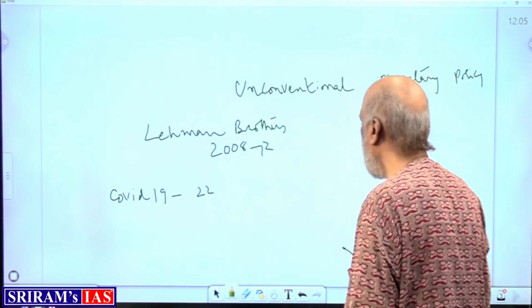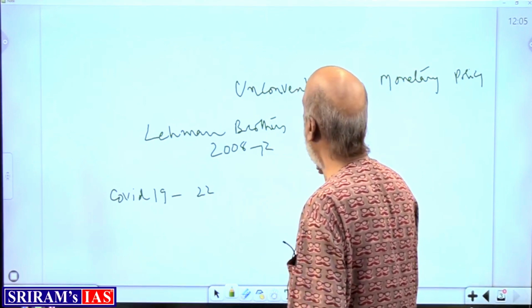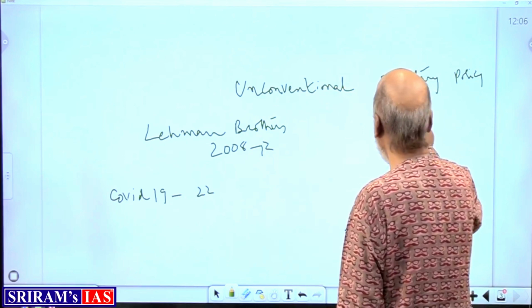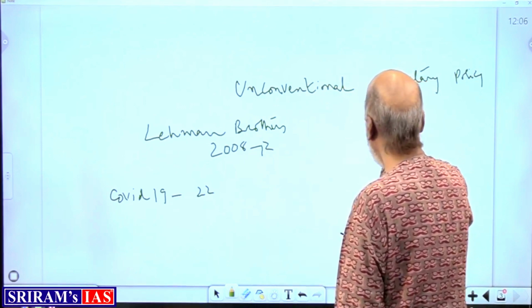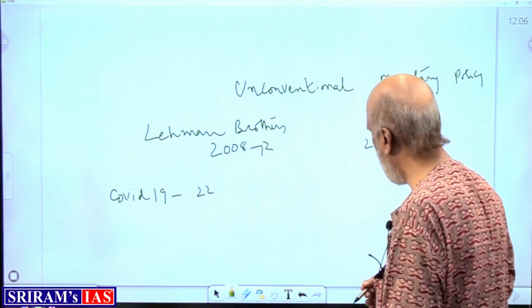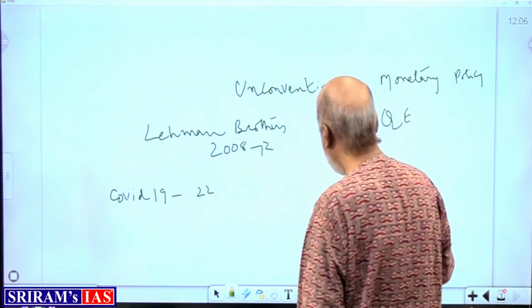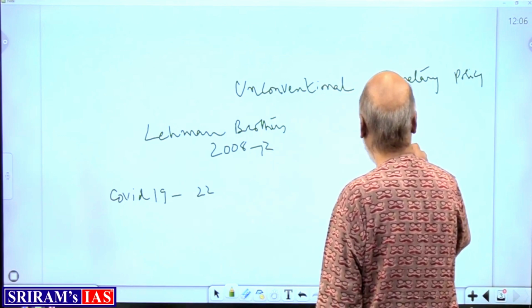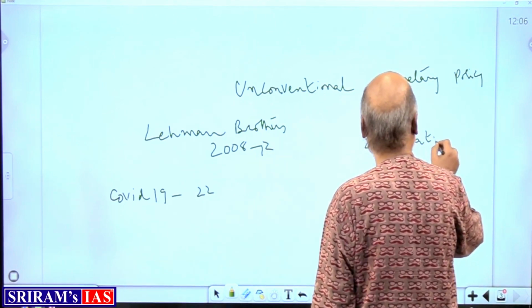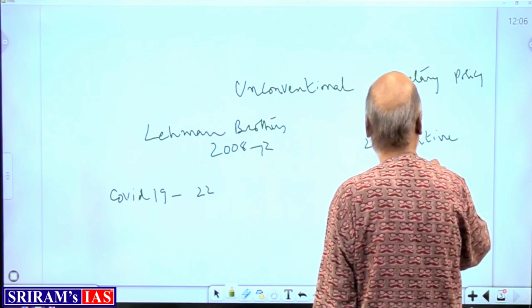So, next. Quantitative easing we have done. We talk of unconventional measures. Negative interest rates.